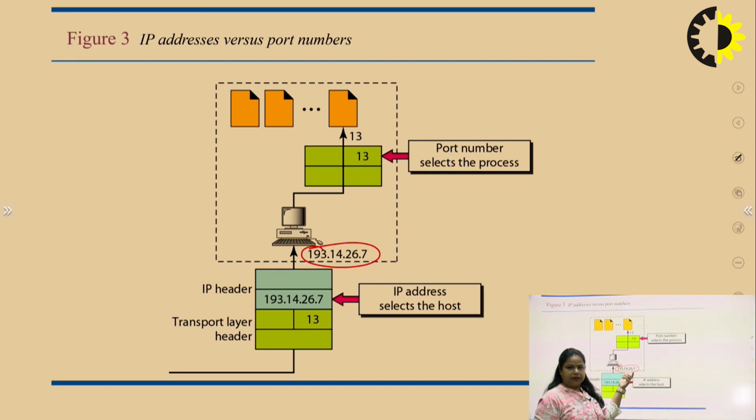On one IP we have n number of processes being executed, due to which each process has its own address, and that is called a port number. For example, if we take a request for process 13, which has port number 13, and it is combined into the IP header packet, here we will put the IP address including the port number. Fine. This is the distinction between port address and IP addressing.